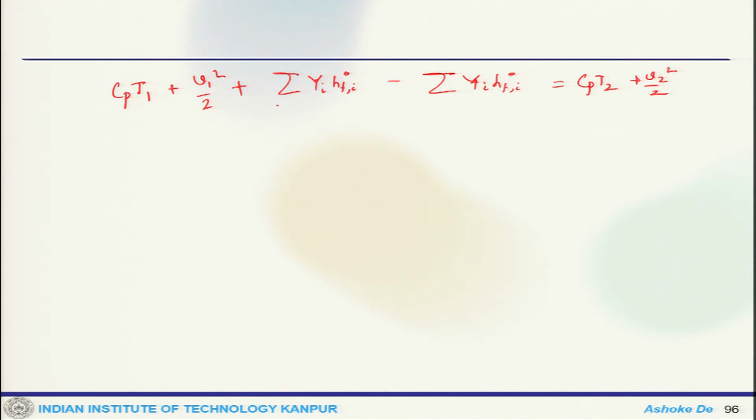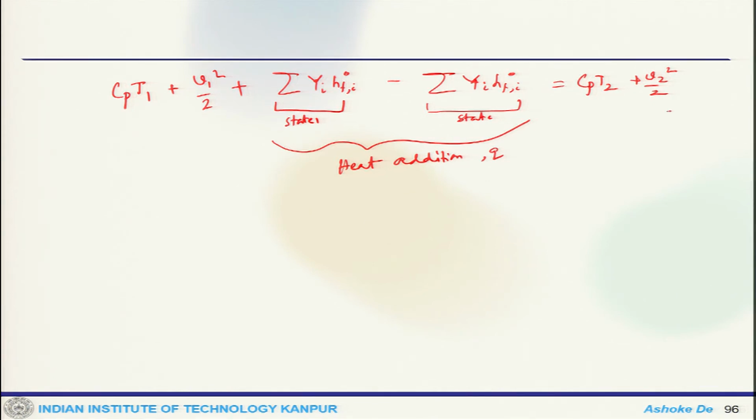You can think of this as state 1, this as state 2, and this in total as the heat addition, which is Q. That is my equation number 6.